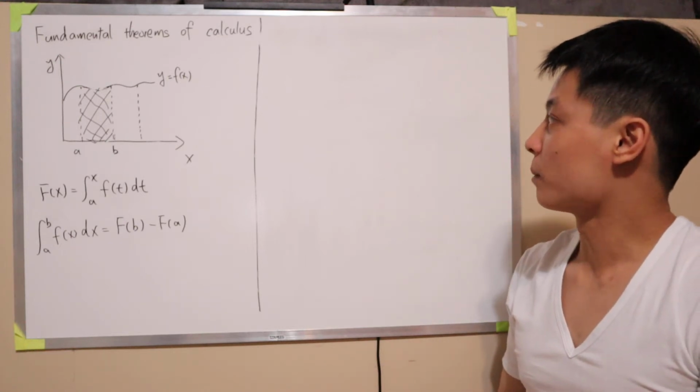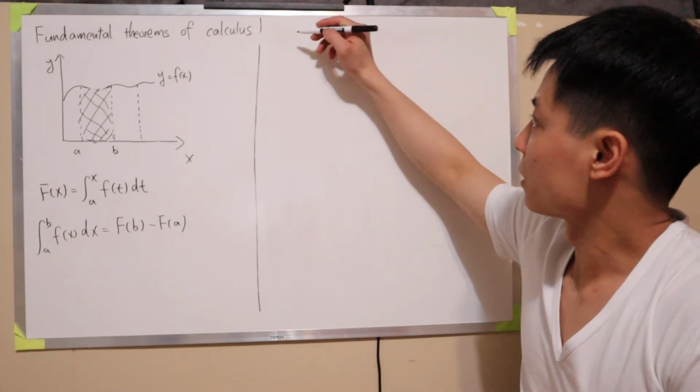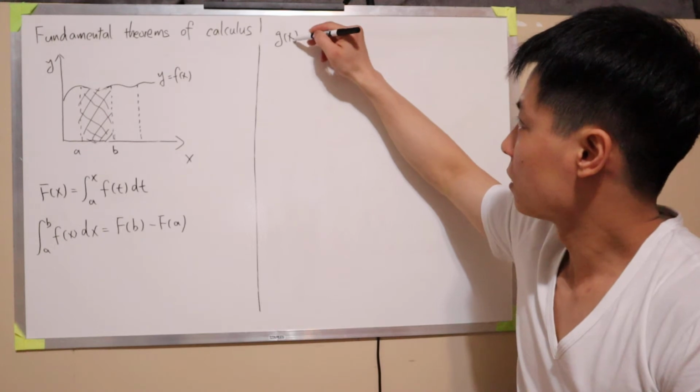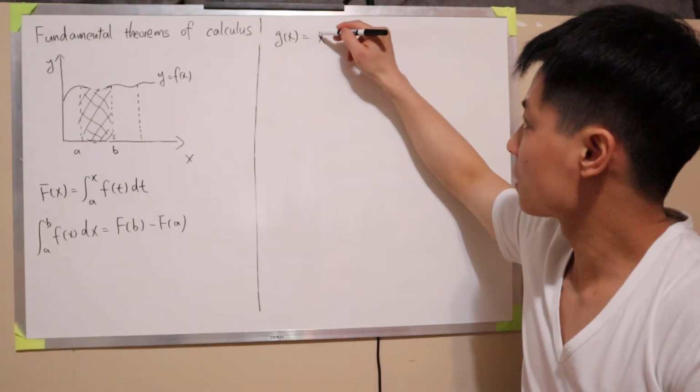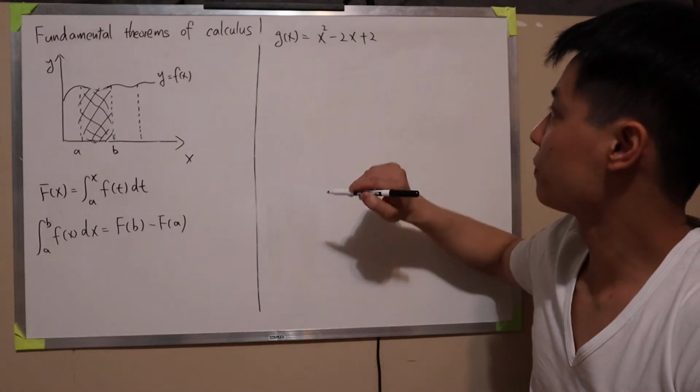The first example I'm gonna show you is quite simple. So let's take a look at this function g(x) equal to x squared minus 2x plus 2.